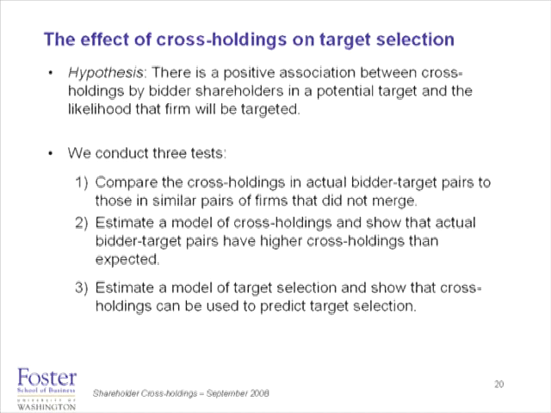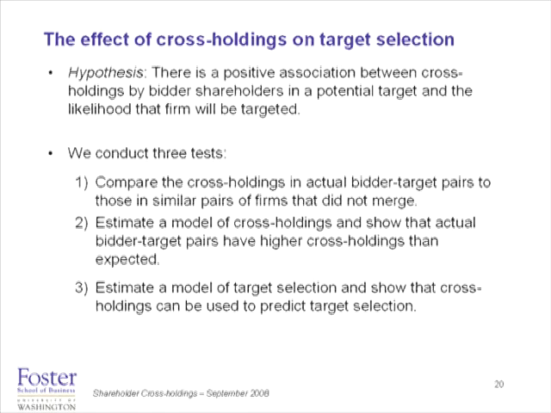Okay, so we have these. We'll look at this, and this will just be sort of a control, sort of sample setting. Then we'll estimate our model of cross holdings similar to the one I just showed you, and show that if you throw in these two firms announced a merger, that positively explains cross holdings incrementally to these other characteristics.